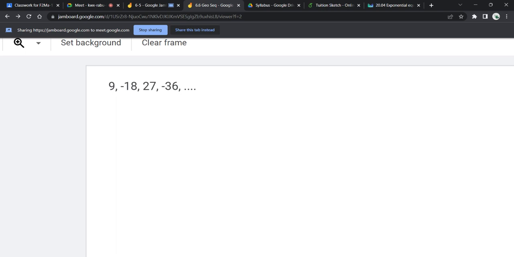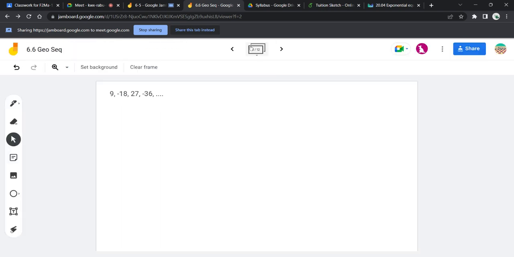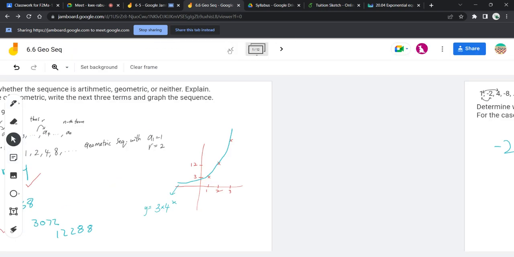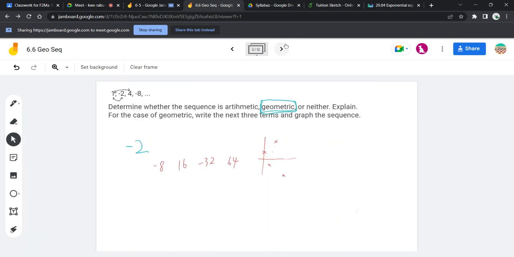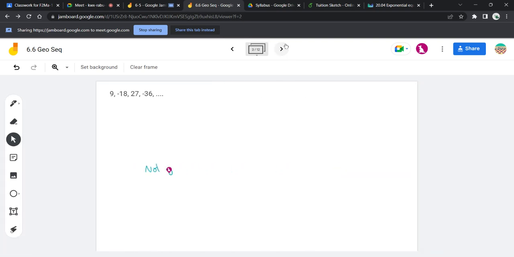Oh, so yeah. So it is not a geometric sequence. Okay.